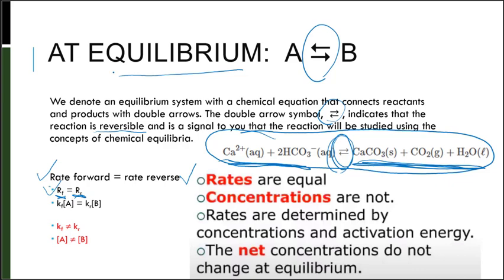We know from the last chapter that we write rate is equal to k times the concentration of A in this case.